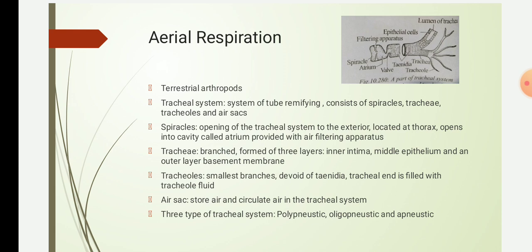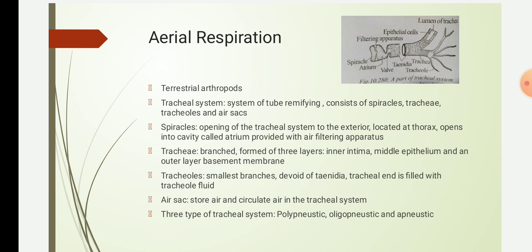The third part of the tracheal system is the tracheoles. The tracheoles are the smallest branches of the tracheae, and they are devoid of taenidia. Taenidia, what? The inner layer, that is the intima, is formed into a spiral thread-like structure, which is termed taenidia.